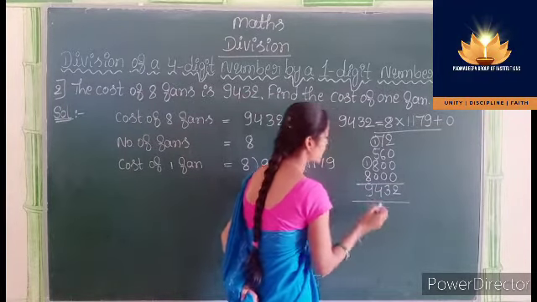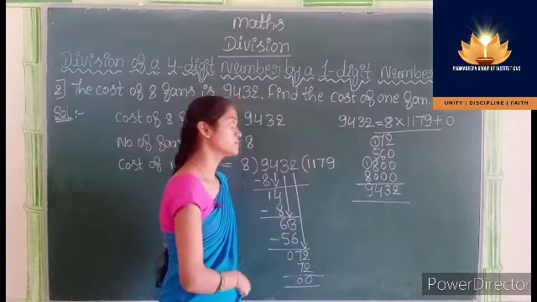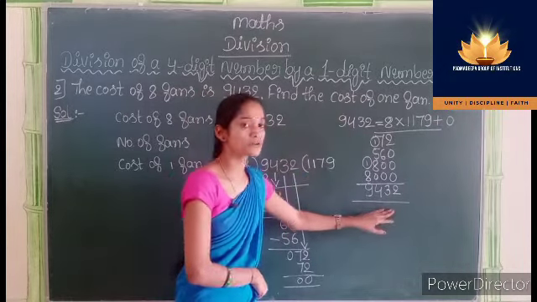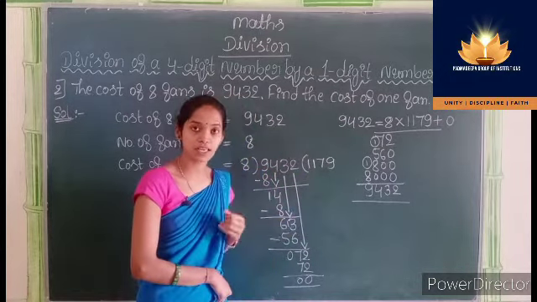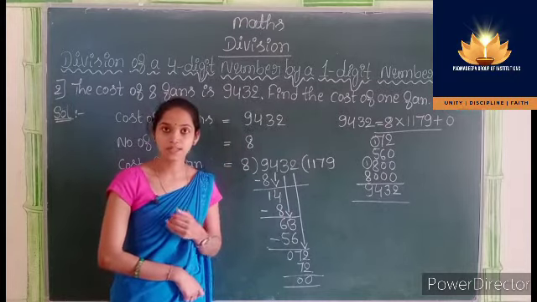So we get 9432. LHS is equal to RHS. Our division is right. Have you understood, students?